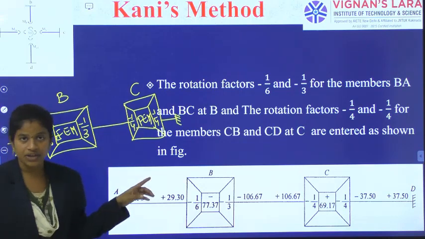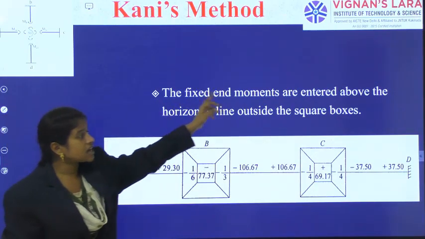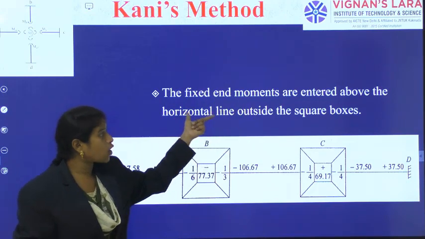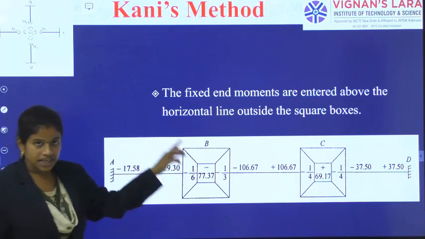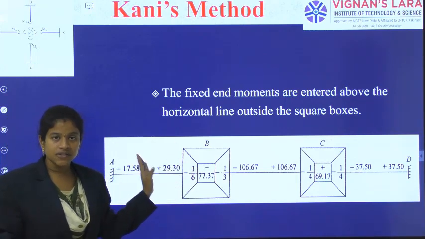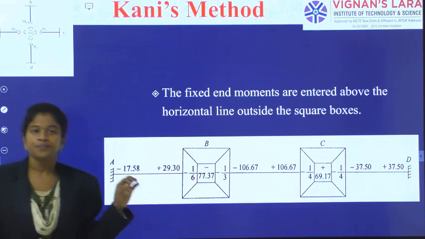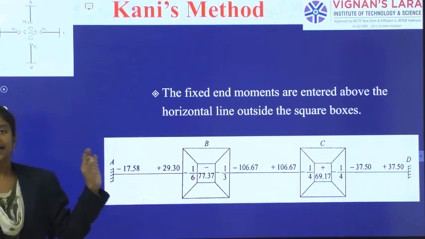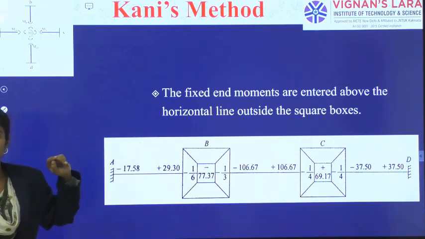So those values we have entered, and the next step: the fixed moments are entered above the horizontal line outside the square boxes. Inside the two boxes and on the left and right sides we have entered the rotation factors. Later, we enter the fixed end moments above the horizontal line at the corresponding positions.